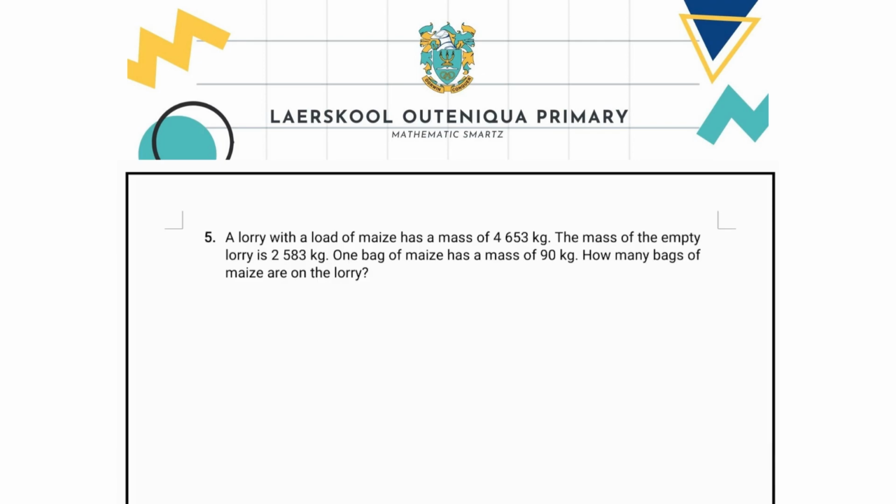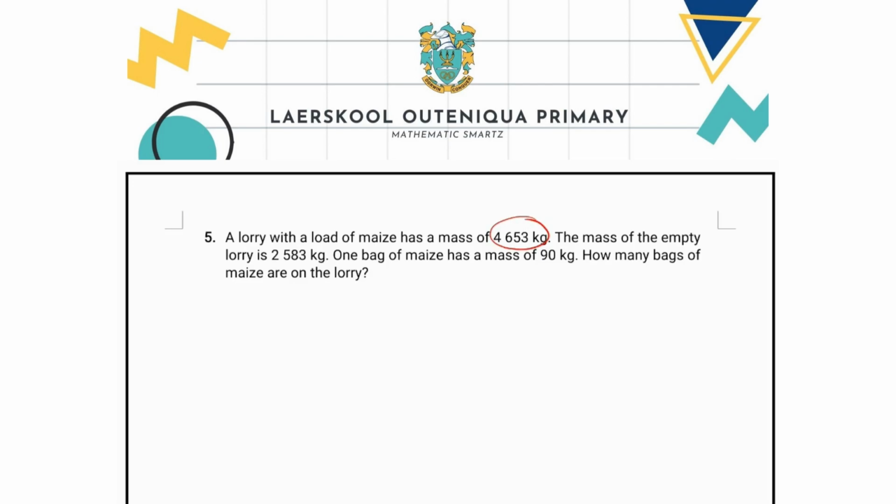A lorry with a load of maize has a mass of 4,653 kilograms. The mass of the empty lorry is 2,583 kilograms. One bag of maize has a mass of 90 kilograms. How many bags of maize are on the lorry? So I know that a lorry with a full load of maize has a mass of 4,653.